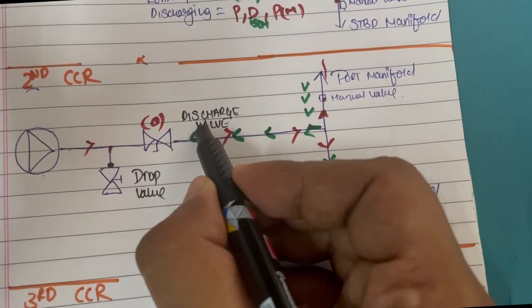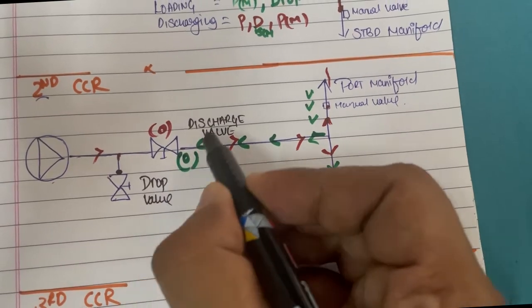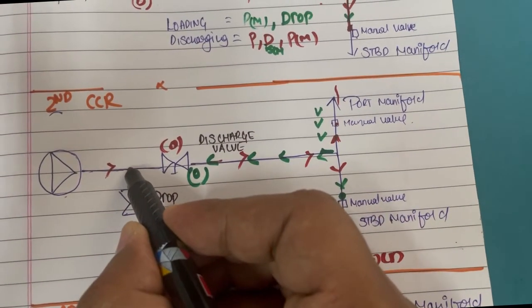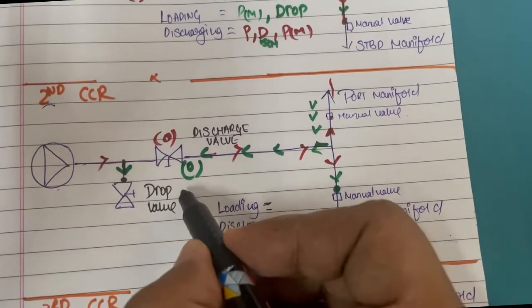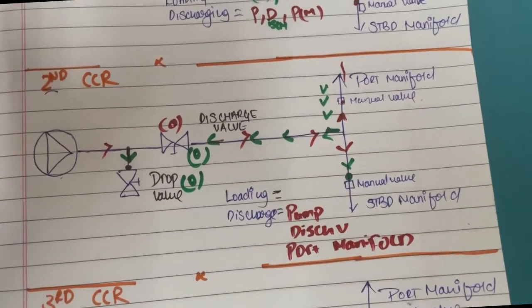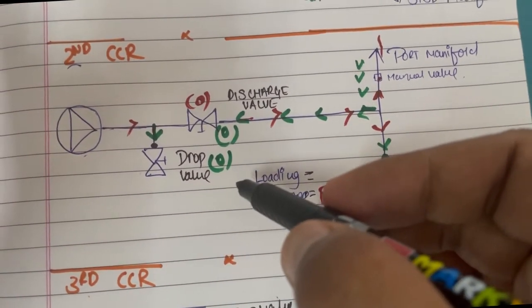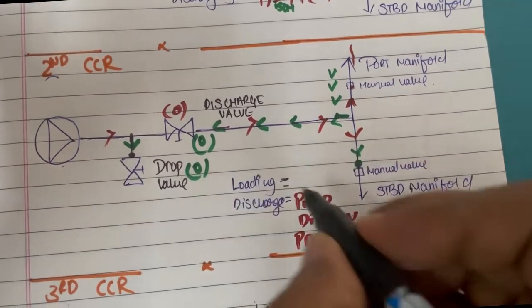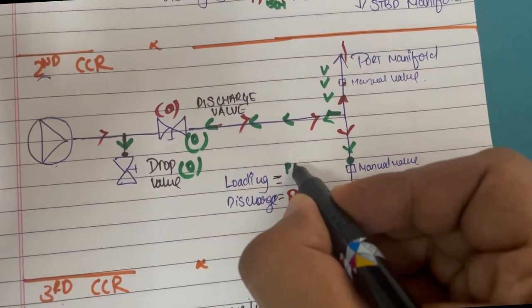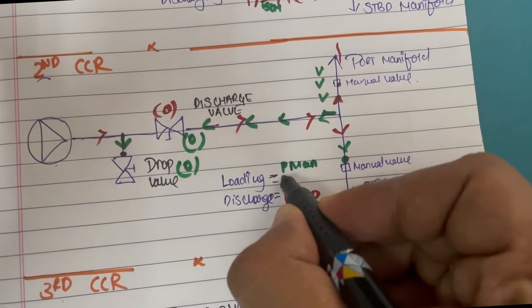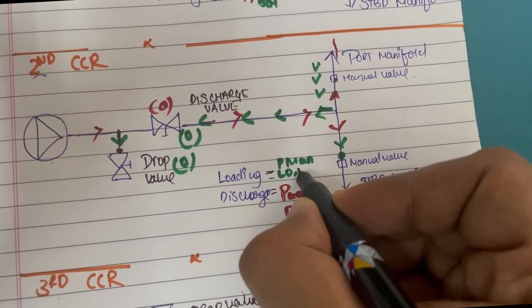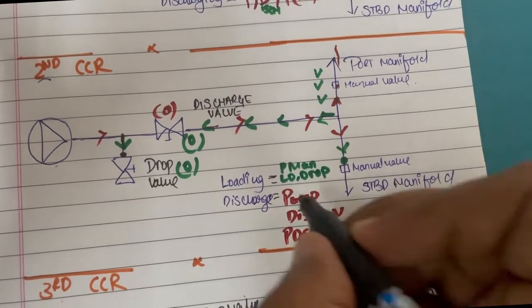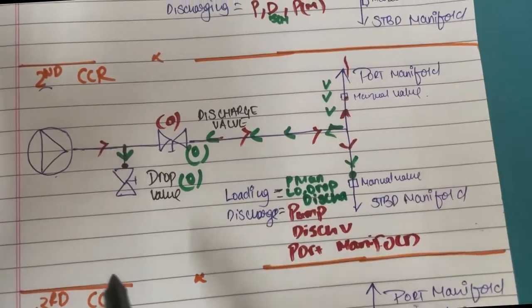Now for loading, we have to open the discharge valve, so the cargo will come into the drop line. We will open this drop line. So in this particular case, we have opened both the discharge valve and the drop valve. So for loading, we have to open the port manifold, then the loading valve, or as we call it the drop valve, and also the discharge valve. So this was the catch over here.